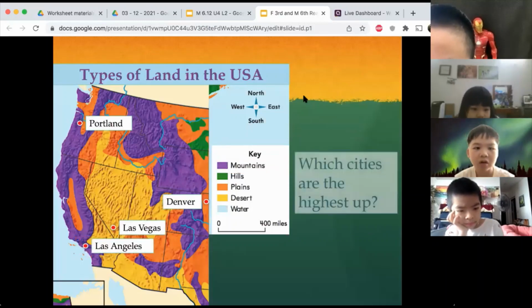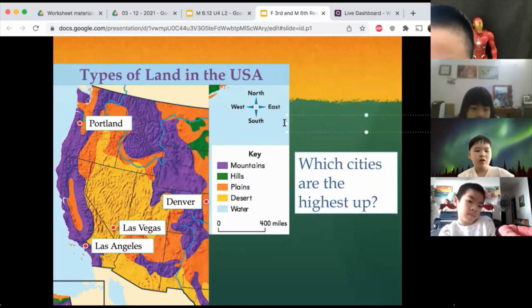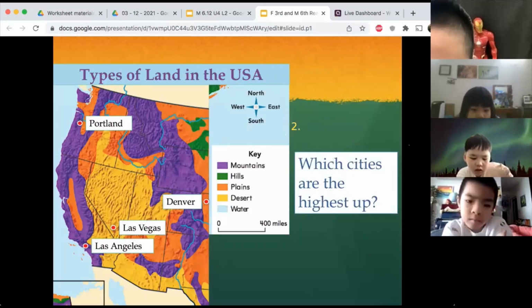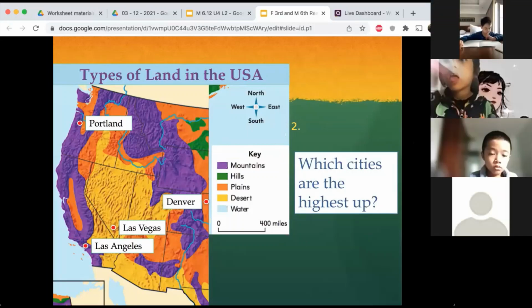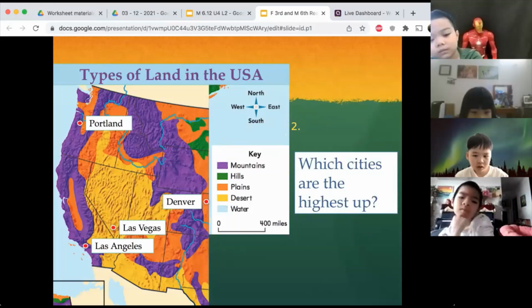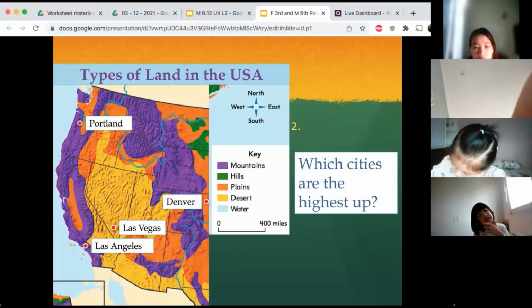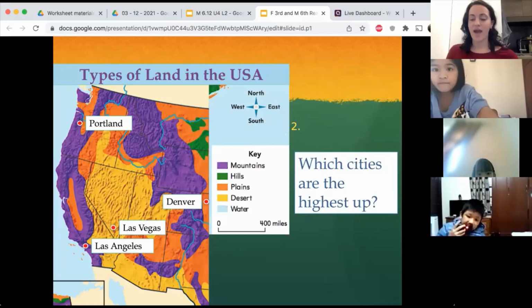Number 2. Which cities are the highest up? There could be 1, there could be 2, there could be 3. Which ones are the highest? Sam, which cities are the highest up?